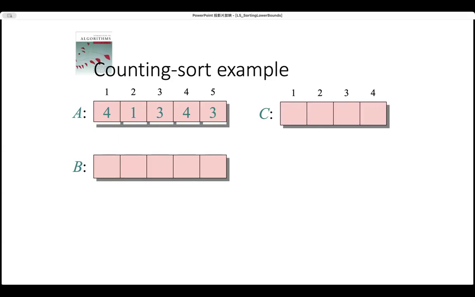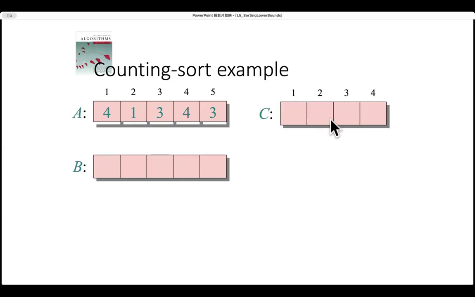That's the first thing. Second, look at C, this auxiliary array. This C is of size k, right? Of size k.